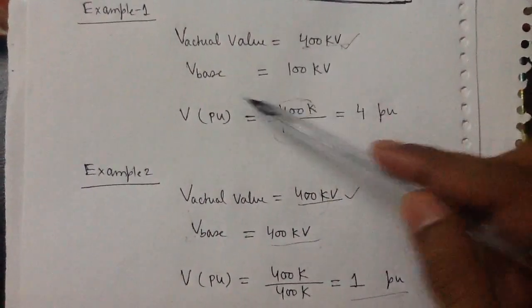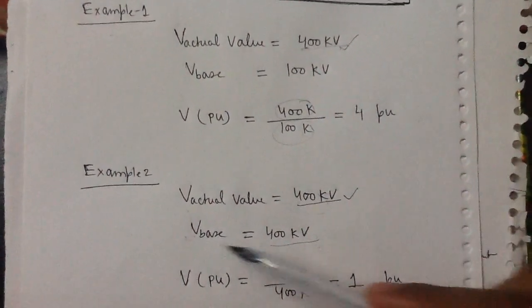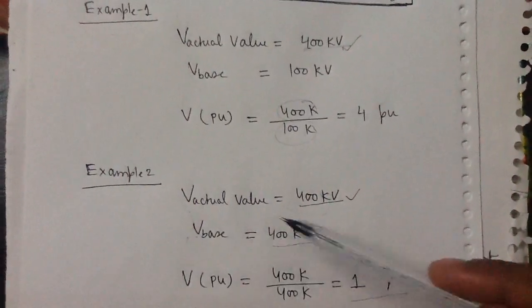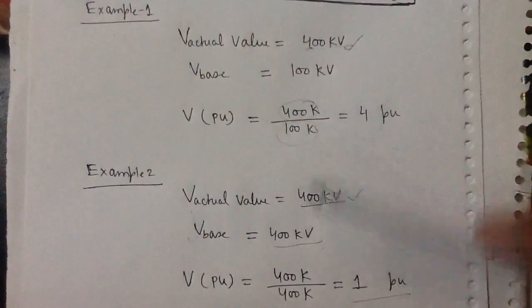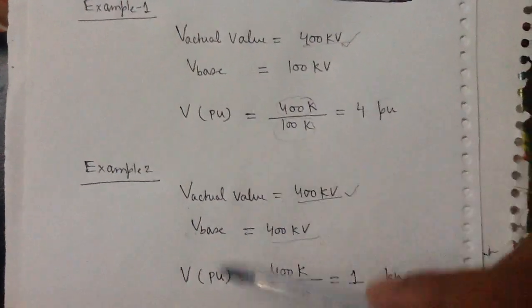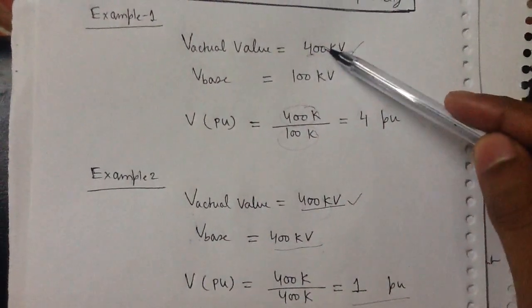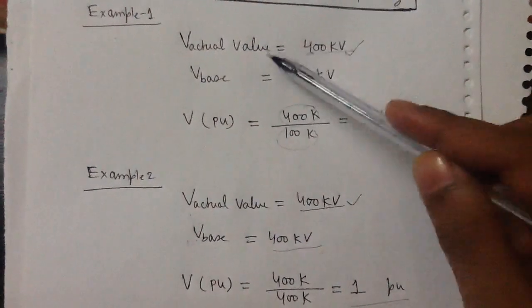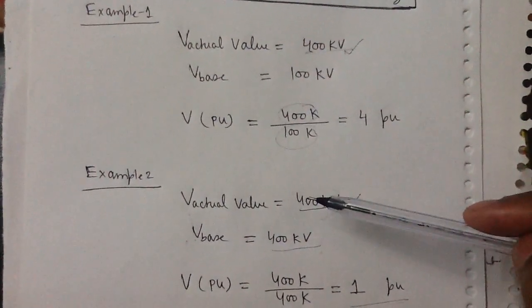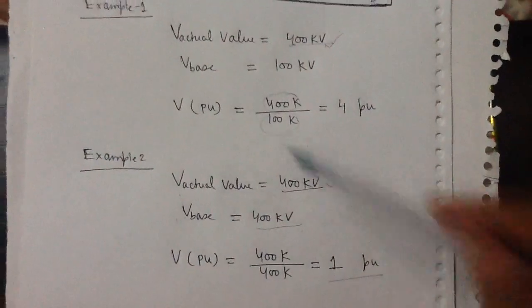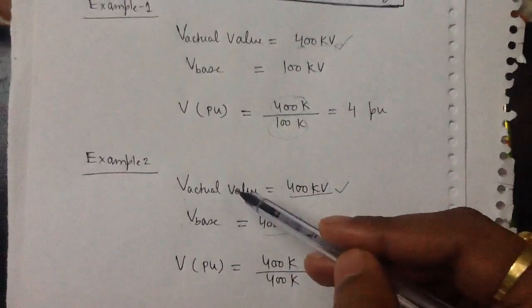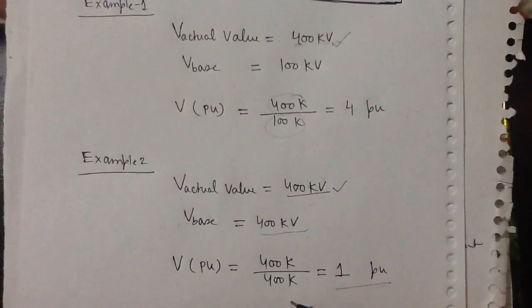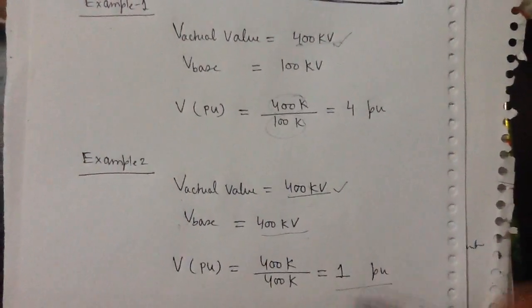In example 1 the base value is 100 kilovolt, and in example 2 the base value is 400 kilovolt. Because of the different base values, the per unit value of the same quantity is different. If the base is different, for the same actual value, the per unit value will be different.